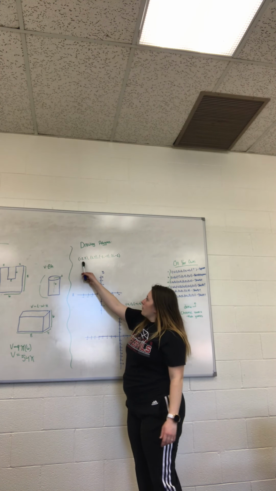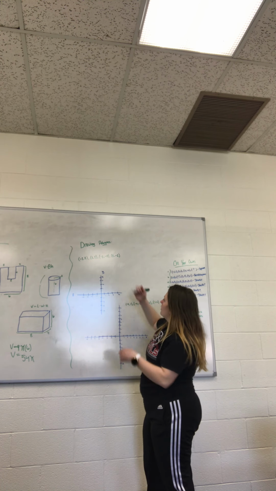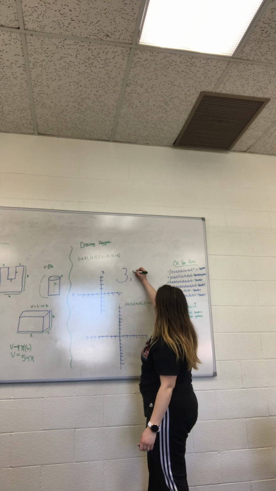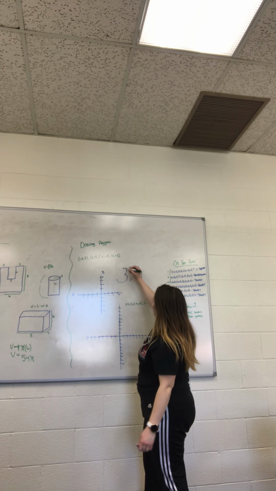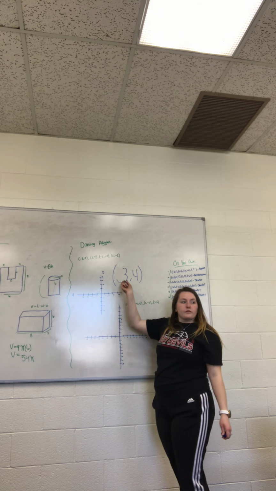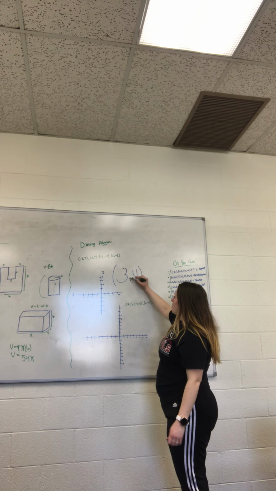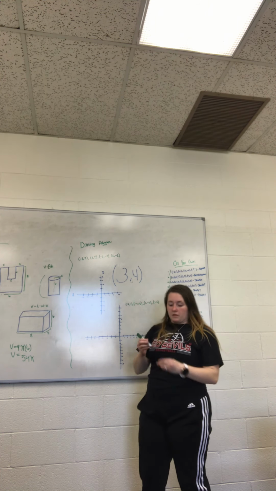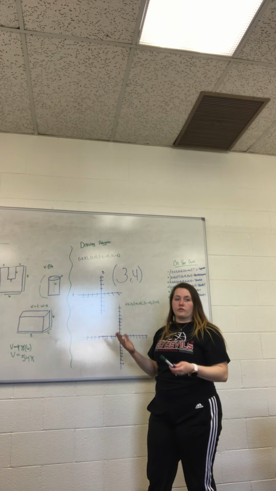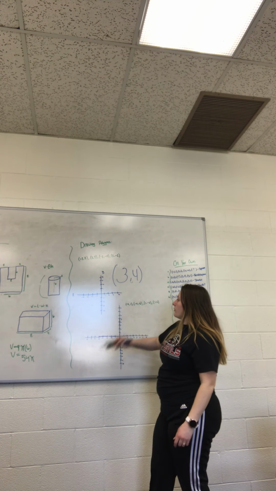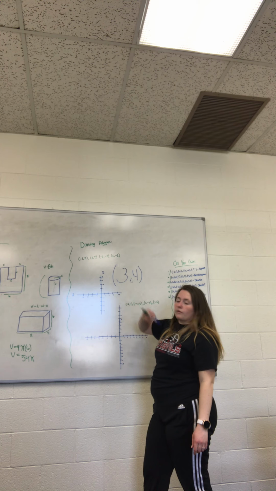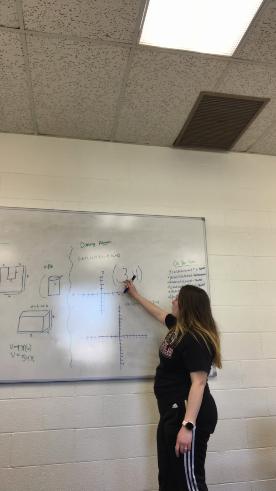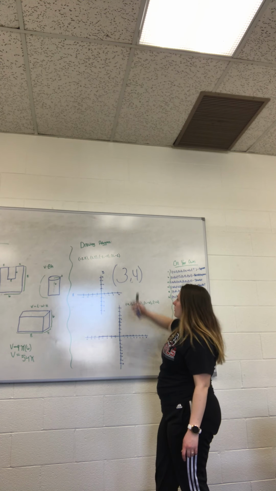When you see something like this, if you see a number, I'll make it a little bigger. If you see something like this with a number, comma, another number in parentheses, this is telling you to graph it on a plane. You're looking for two answers, okay? Because the answer here is not 3. We're not going to just put our point on a 3. We're going to put our point on the 3, 4, okay?